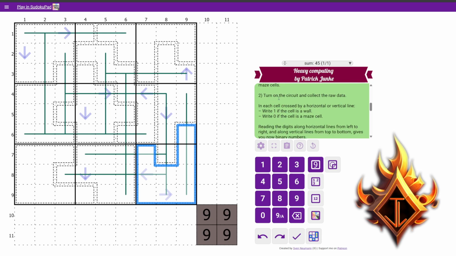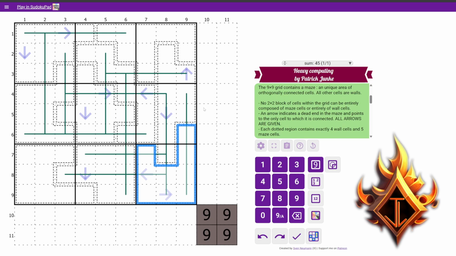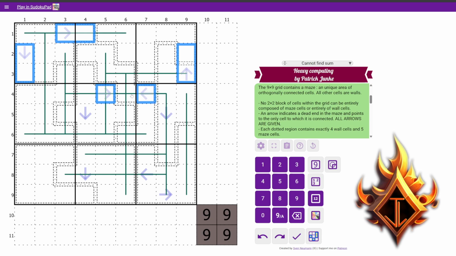And then step 2, okay, we're going to do step 1 first. We are going to build the circuit. Our first step is to construct the maze, and the arrows, plus the way they are pointing, are all maze cells.